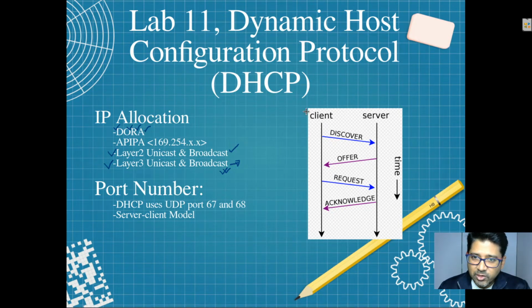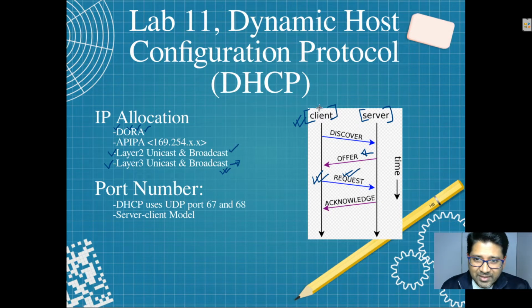You can see it in this diagram. We have the DHCP client and the DHCP server, and the discovery starts from the client. Then the server gives an offer to the client, and on the basis of that offer, the request is generated by the client.